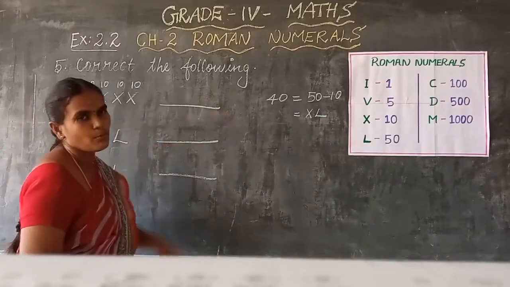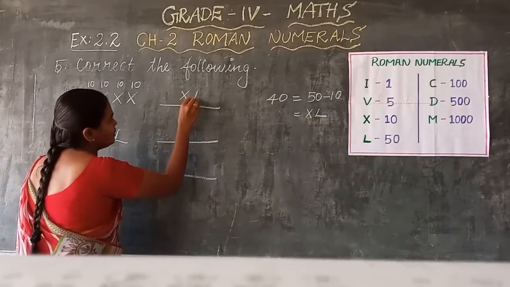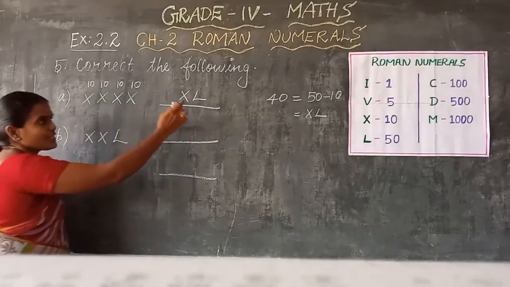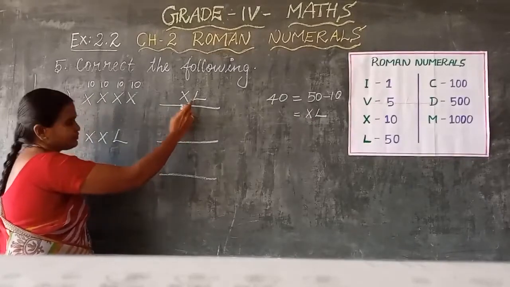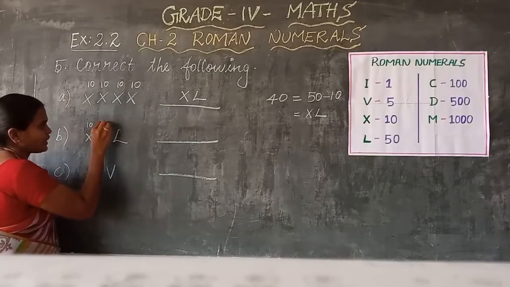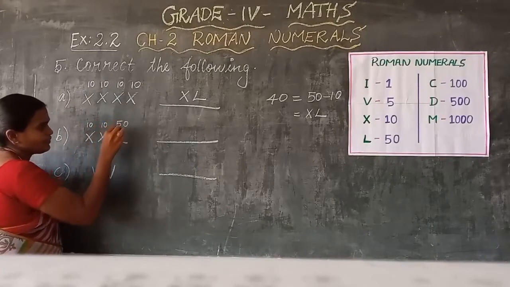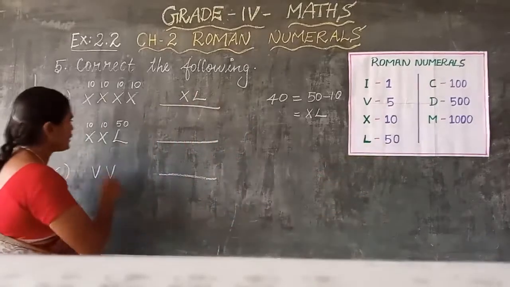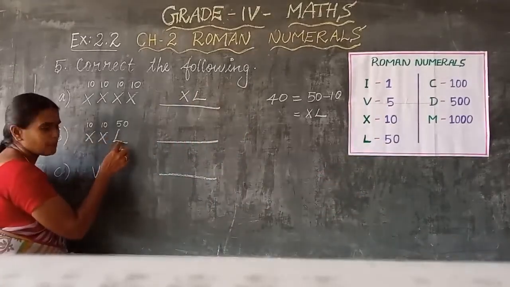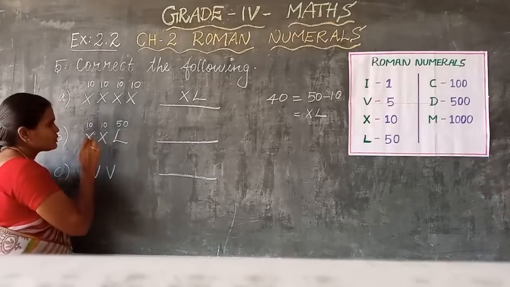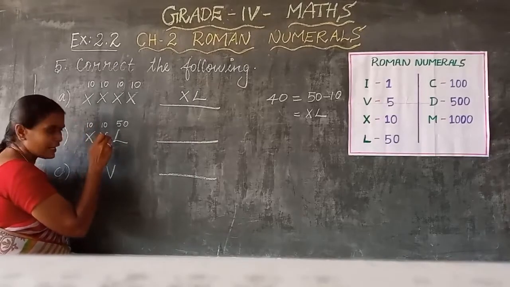What is the 40 Roman number? XL. So 4 times X, this one is wrong. Which one is the correct answer? XL. See here, X value 10, X value 10, L value 50. What is the value of L? 50. So here the greatest number is 50. Then repeated means addition, so 10 plus 10, 20.